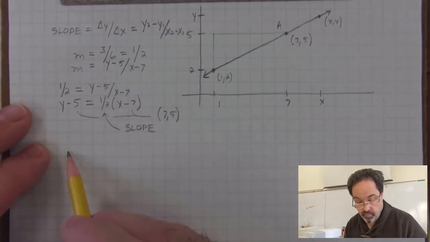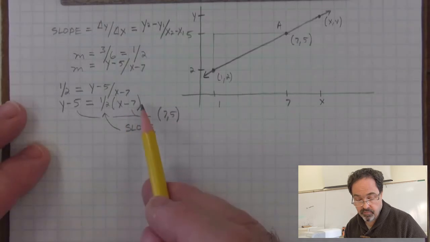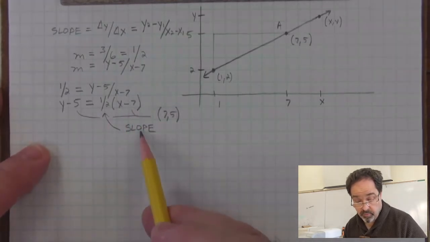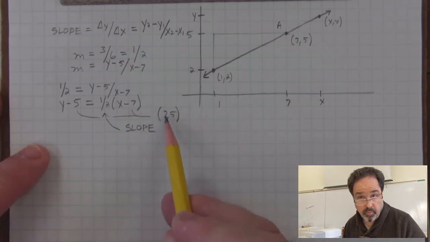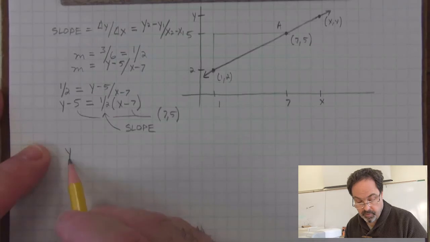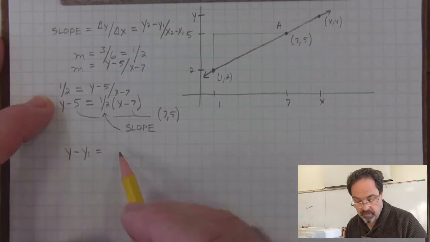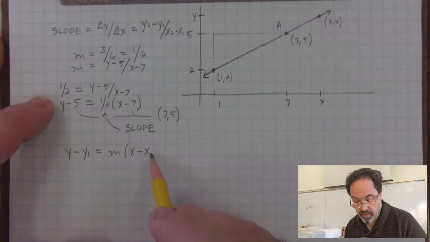In general, we can write the equation of a line in this form that uses its slope and one point, any point on the line. In general terms, this equation is of the form y minus a y value from a point is equal to the slope times x minus the x value of that point.